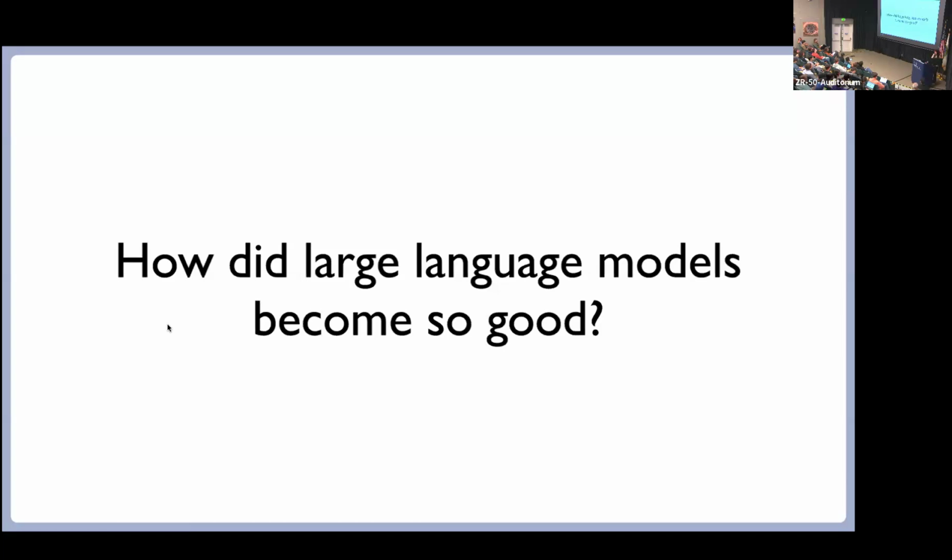So far I talked about the concept of large language models, but not much about training. I think we'll cover that in the next lecture in the afternoon. But just to summarize, how did large language models become so good that they can perform so many tasks that even humans find difficult?